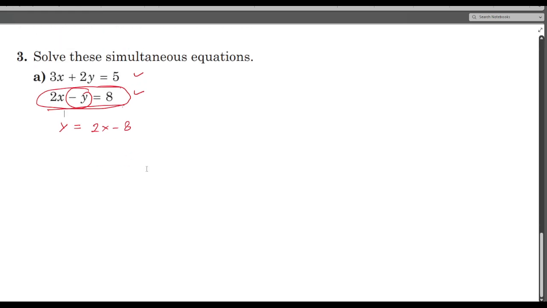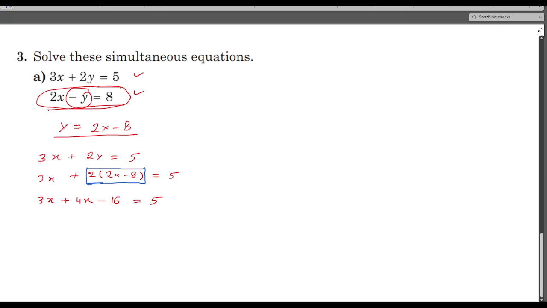Now y is equal to 2x minus 8. We will substitute this value of y in the first equation, 3x plus 2y equals 5. We replace y with 2x minus 8. So your equation will be 3x plus 2 times 2x, which is 4x, minus 2 times 8, which is 16, equals 5.